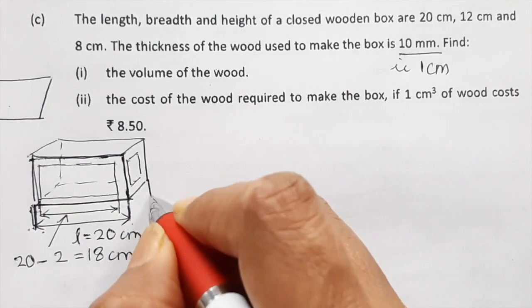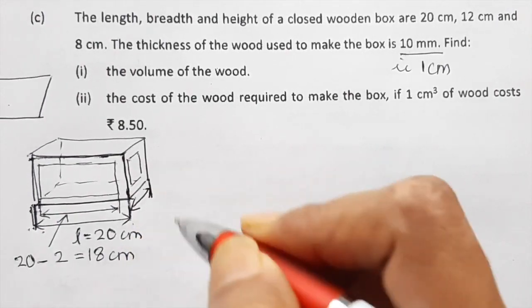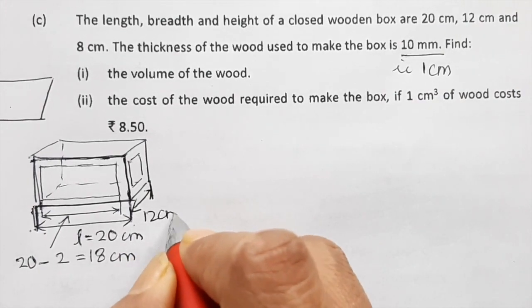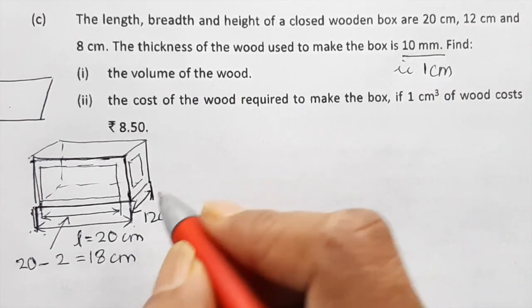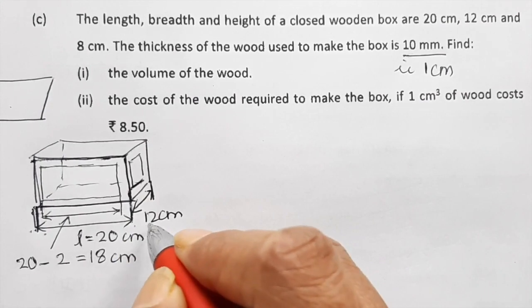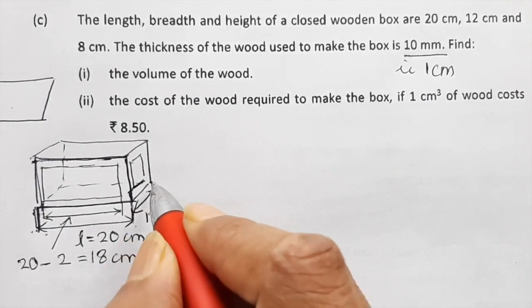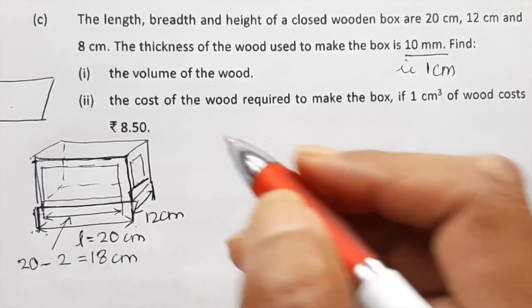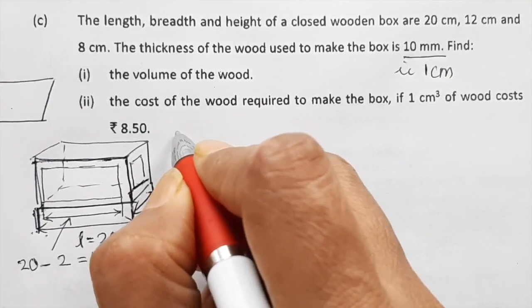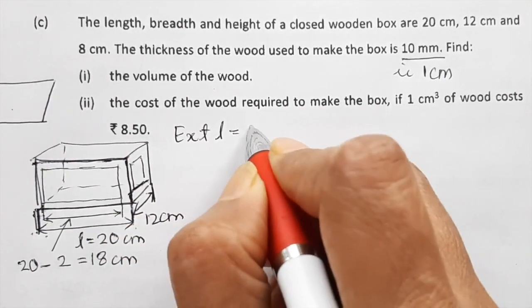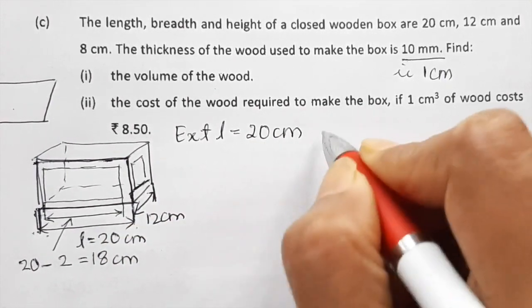Now the external breadth is going to be 12 centimeters. So the internal breadth is going to be 12 centimeters minus 2 centimeters. So 1 centimeter gone from here, 1 centimeter gone from here. So we will say that external length is equal to 20 centimeter.